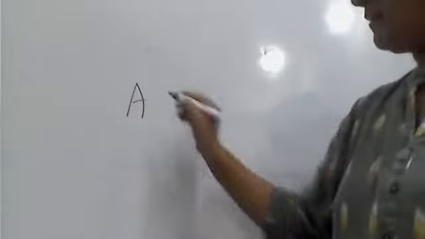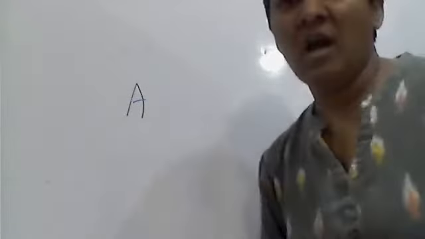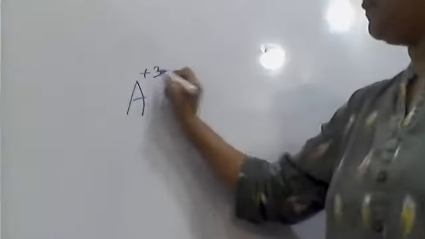If you are balancing charge, this is the basic rule. Say an element A is there. On this, the charge is +3.